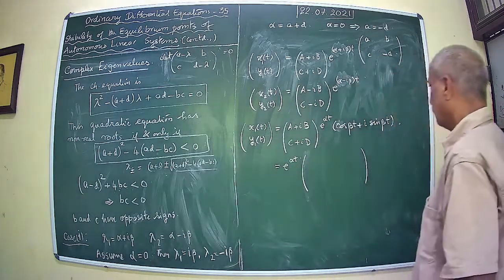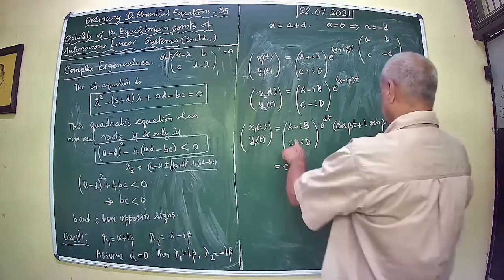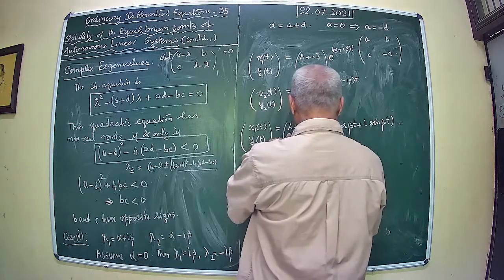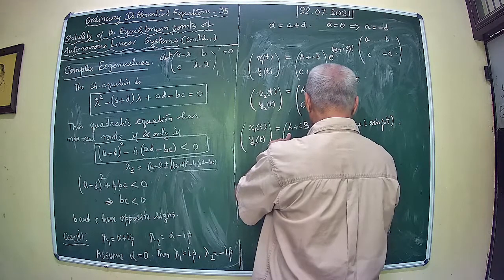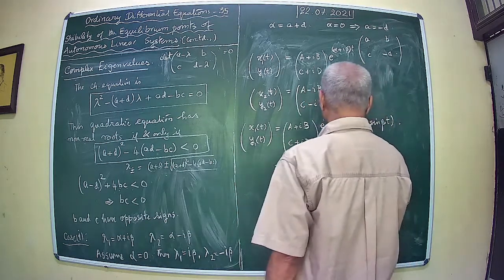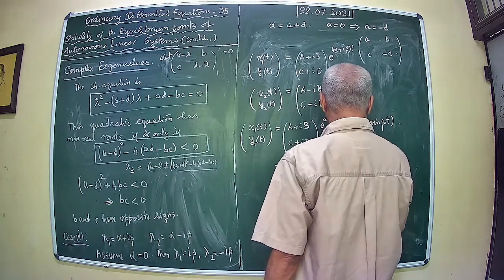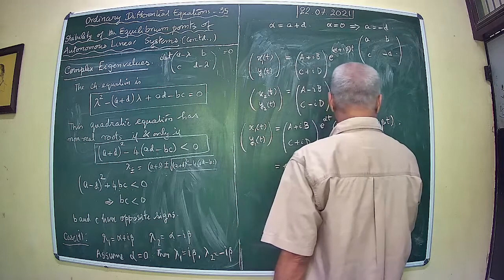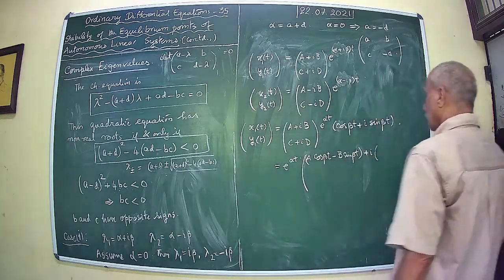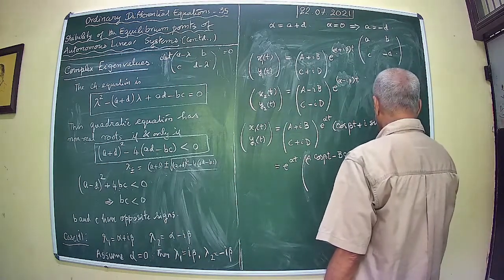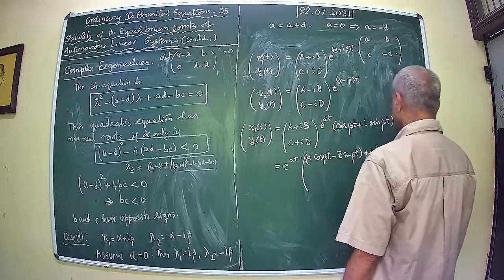If you write down this, what you get is a cos beta t minus b sin beta t, and b cos beta t plus a sin beta t.